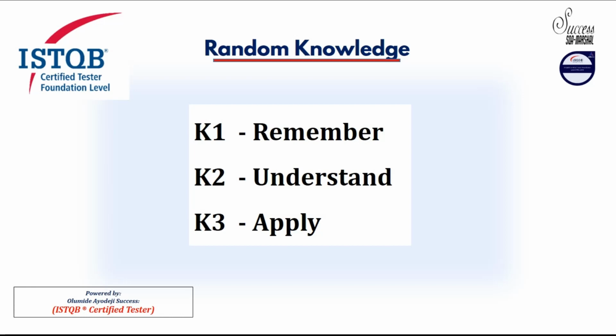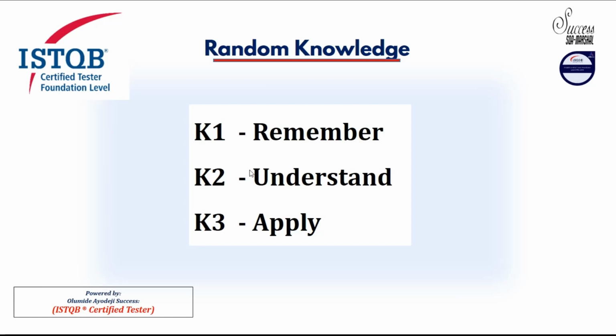If it is a K1 level, what ISQI is expecting is that you will be able to recall, remember, and recognize a particular concept. For example, being able to identify testing types. Like what are the testing types that we have? Being able to list, recall, recognize them.